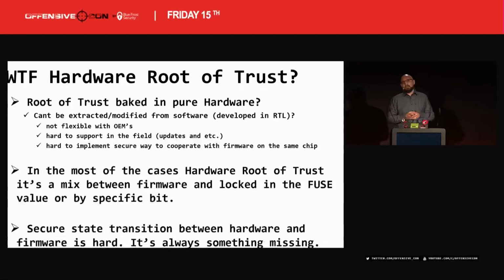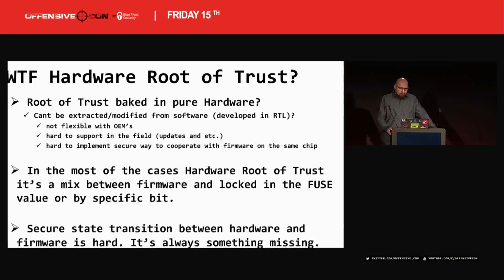Usually vendors try to make, I would say not a backdoor, but a way to communicate and reconfigure the system, or just bypass this hardware root of trust if something goes wrong. We will see some examples today.